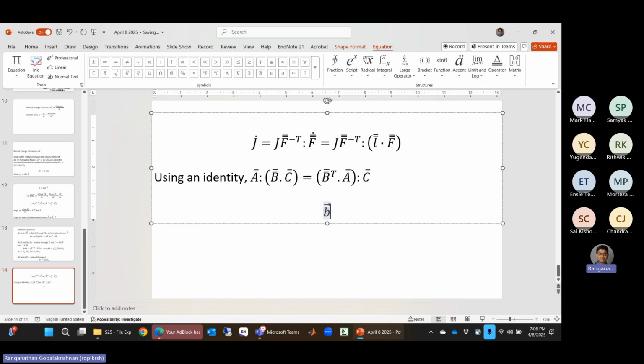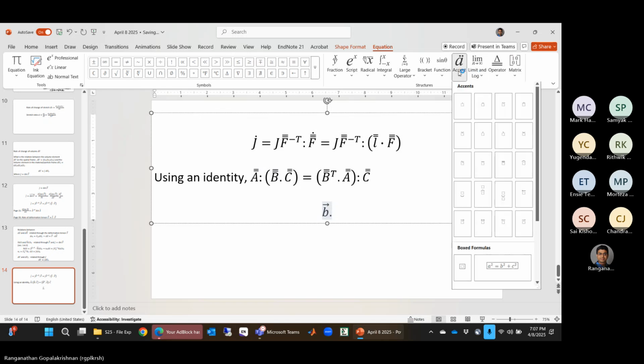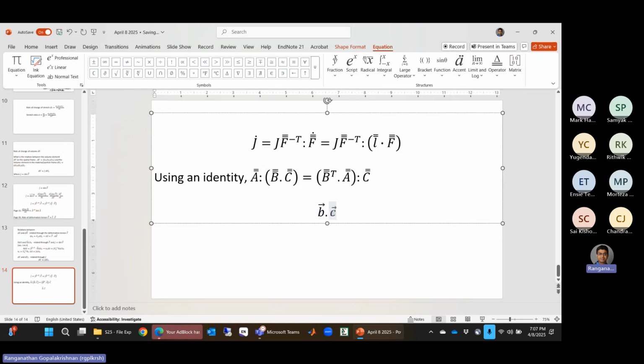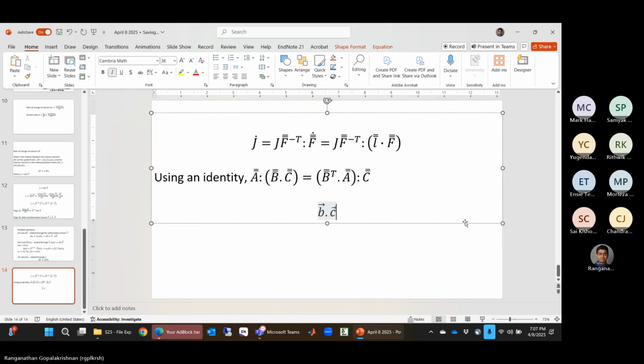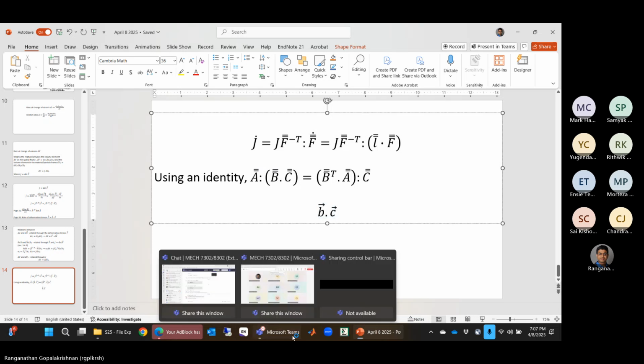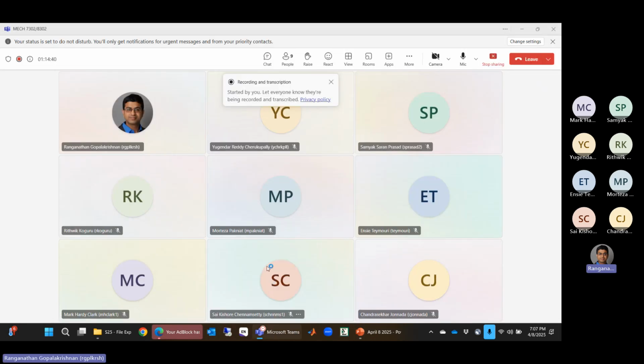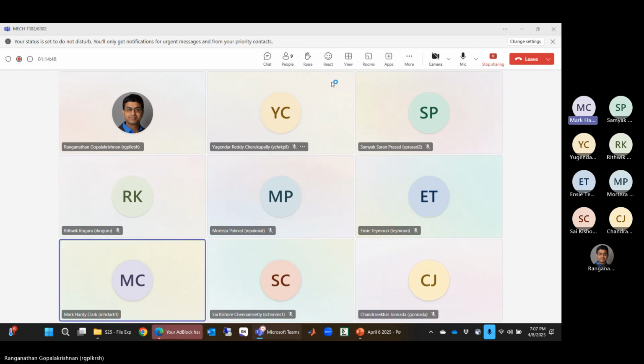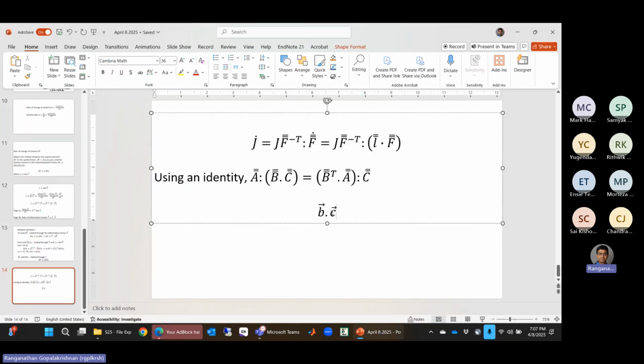Let's say vector B followed by dot product vector C. What is the resultant quantity? No one would talk. Is that first order? So B dot C is a scalar, zeroth order, right? B dot C is a scalar.